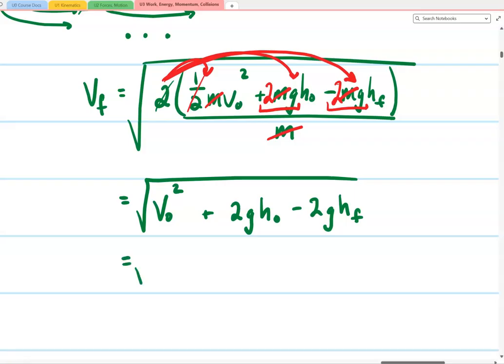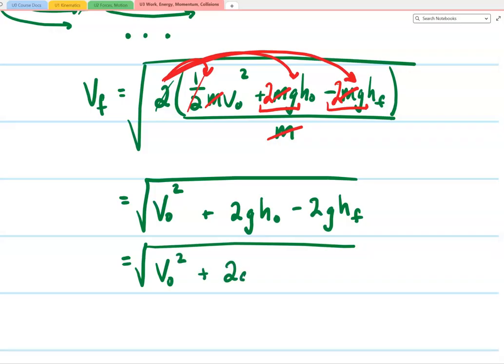And if we take notice one more time, simplifying this expression, v naught squared plus 2g times h naught minus hf. Well, would you look at that?